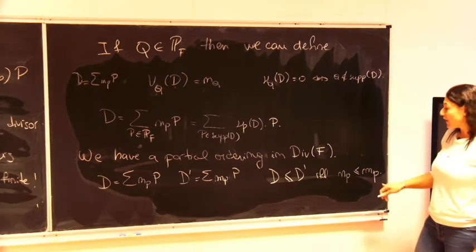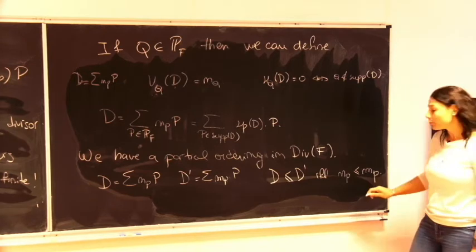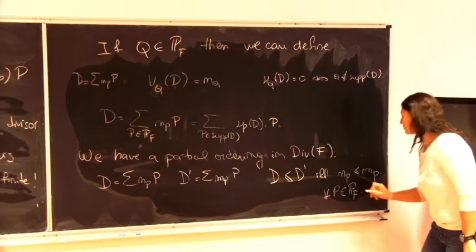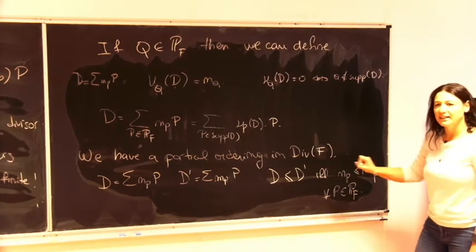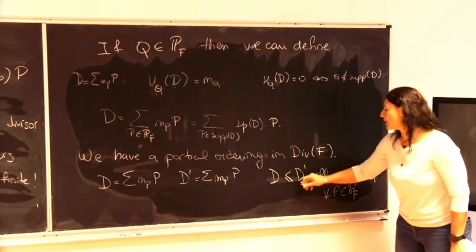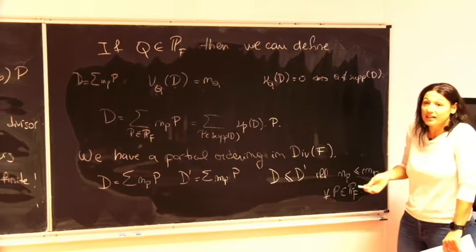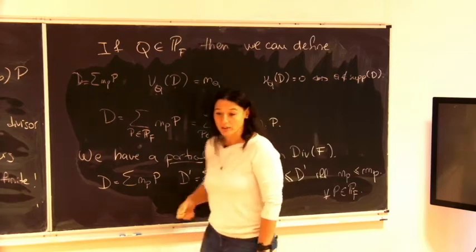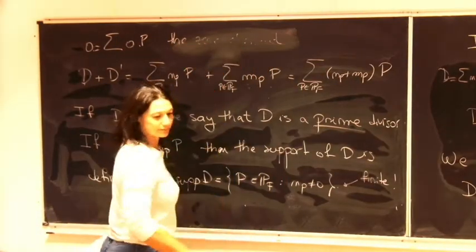So if I can compare this for all places, then I'll say that this divisor is less or equal than the other. And if I cannot compare, that's why we have a partial order and not a total one.